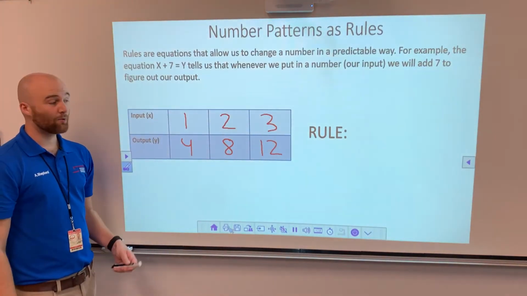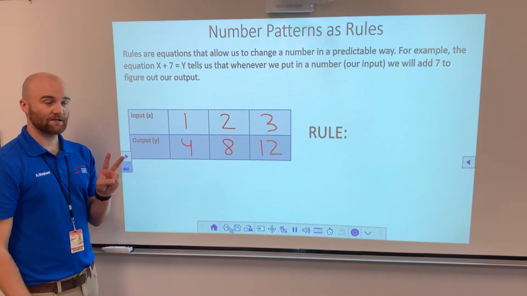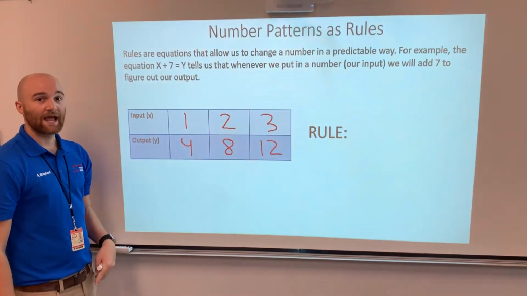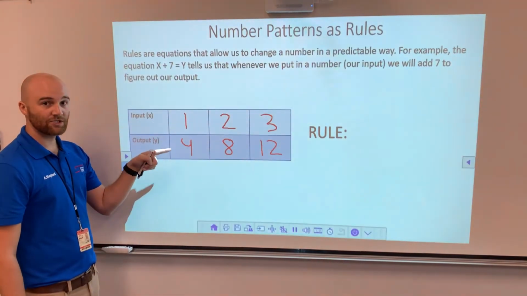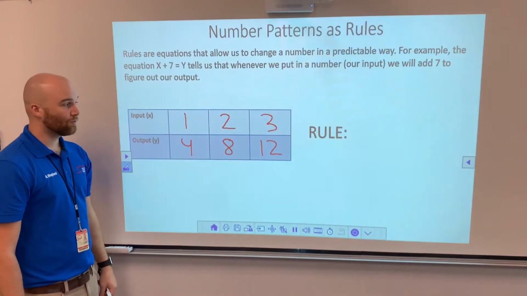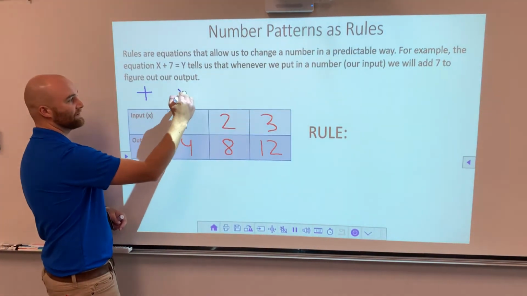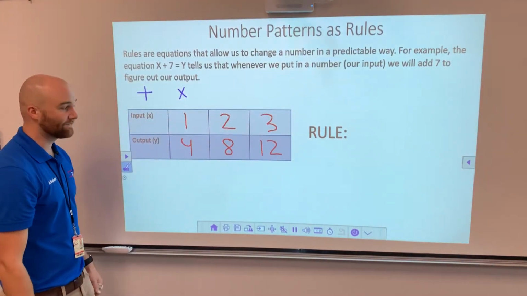In order to figure out what the rule is, I have to try 2 different things. I have to look at this input and look at the output, and I have to say, how can I make this input change into the output? Well, I can either add something to it, or I can multiply it by something. Let's test out what I would have to do.